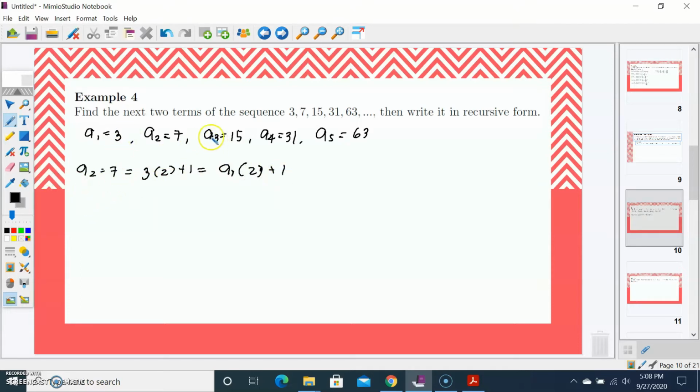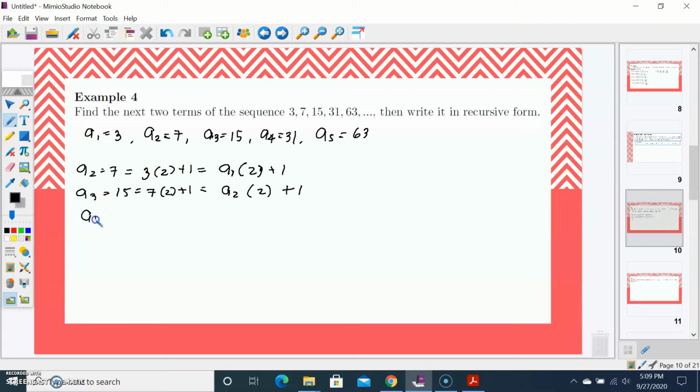Now, if you're going to take a look at a sub 3 is equal to 15, I can rewrite 15 as 7 times 2 plus 1. And 7, in relation to our sequence, is a sub 2. Meaning I can rewrite this as a sub 2 times 2 plus 1.